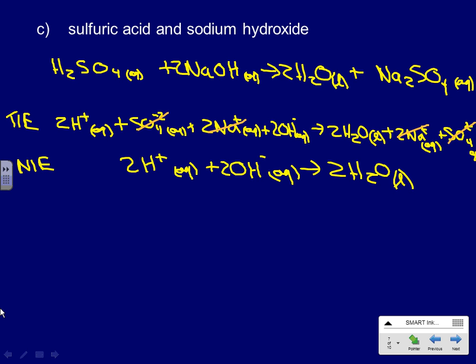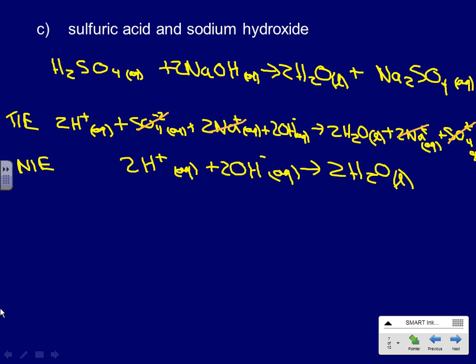Shouldn't there be a coefficient? No, because this 2 came from the fact that there were 2 sodiums, not from the fact that there were 2 sodium hydroxides. There's a big difference.